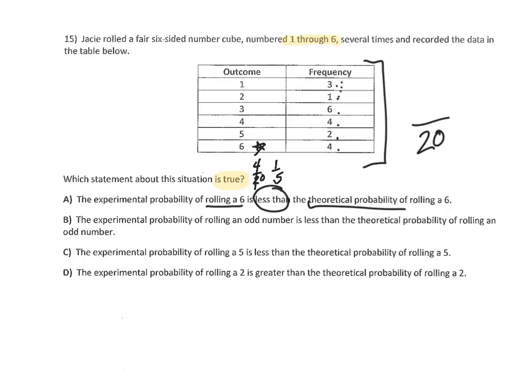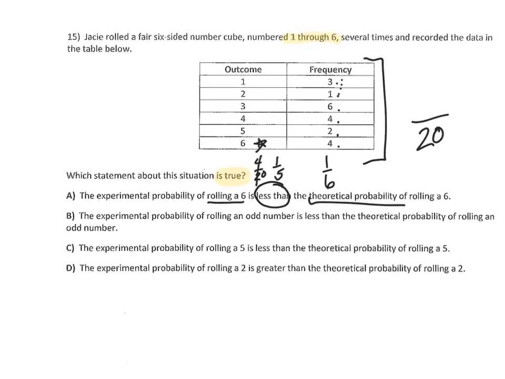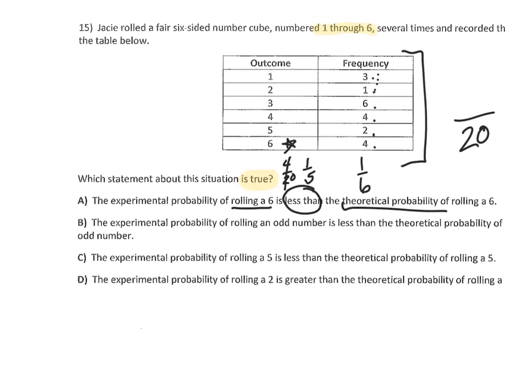And then the theoretical probability of rolling a 6. If you just roll a dice, what's the chance you'll land on a 6? 1 out of 6. So the experimental probability of rolling a 6 is less than the theoretical probability of rolling a 6. Not true.